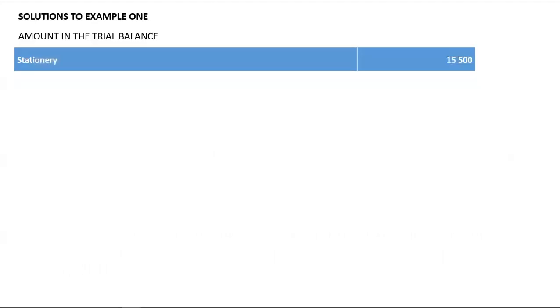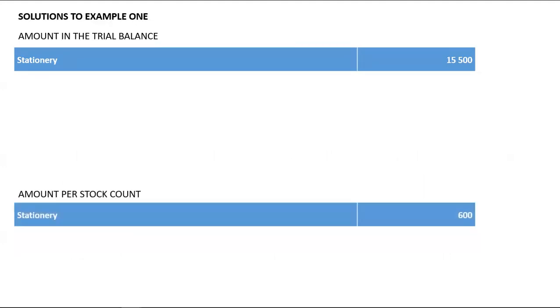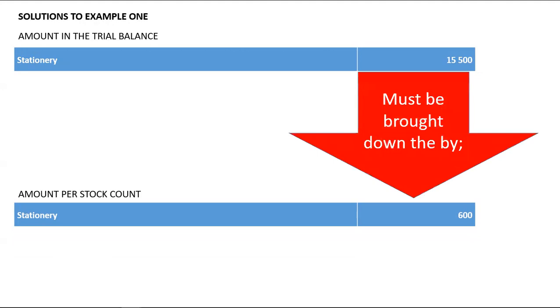So what we have in the trial balance is 15,500. What we have counted is 600 rand. So how much stationery have we used? Total purchases minus what we still have, we'll be left with what has been used. And that which has been used, we are going to recognize as an expense.